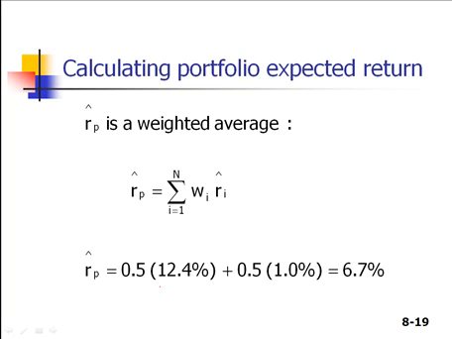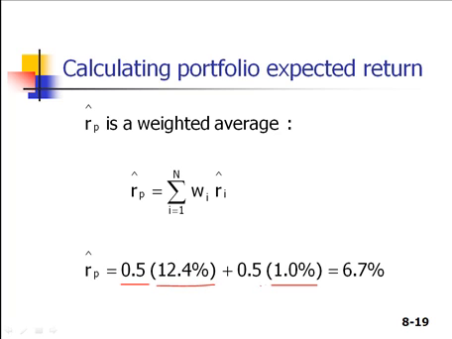And then we also have to put in the expected returns of each of the 2 investments. So 12.4% for the high-tech stock, 1% for the collection stock, and that's about it. So we take the expected return on high-tech, which is 12.4%, multiply that by the percentage of our money that is in the high-tech stock, which is 50% or 0.5. So 0.5 times 12.4% is 6.2%.